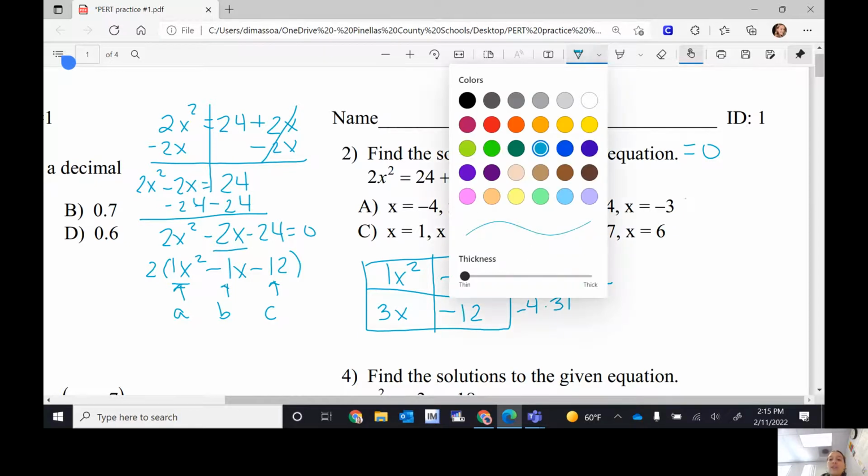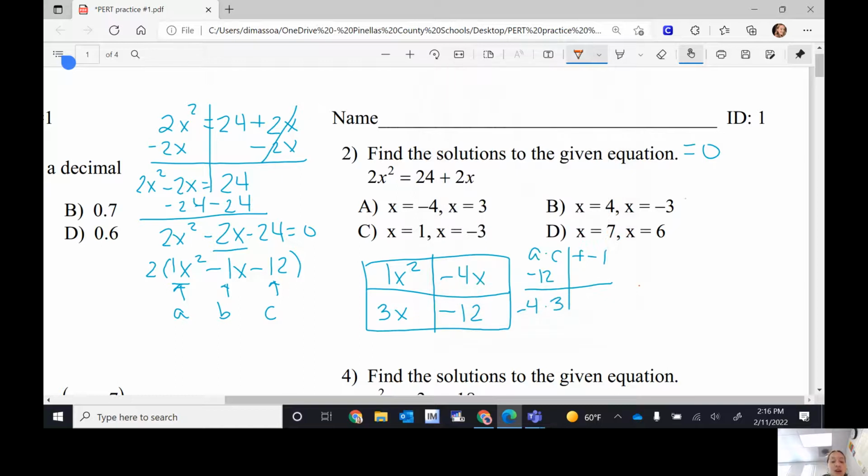So now from this point, I have to figure out what my factors are. So I have to say, okay, if this is like the result, I need to figure out what two numbers multiply to give me 1x squared. That would be x times x gives me 1x squared. X times what number gives me -4x?